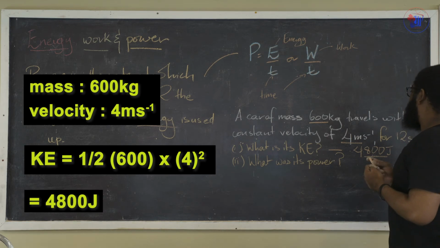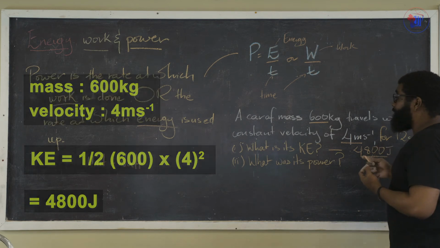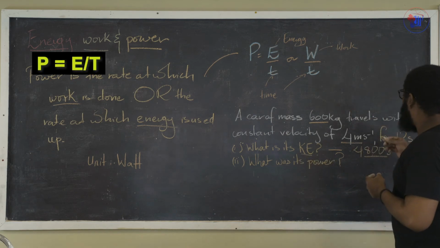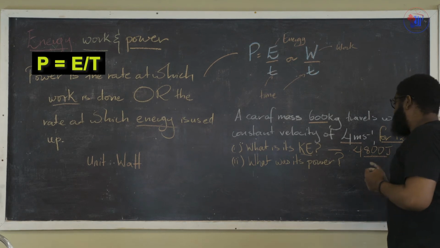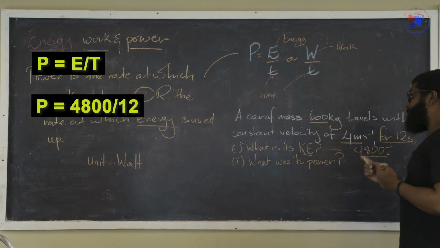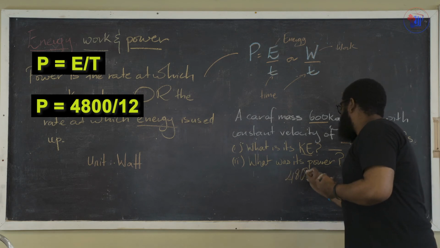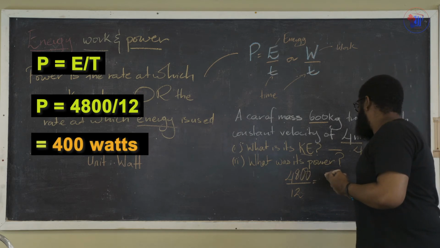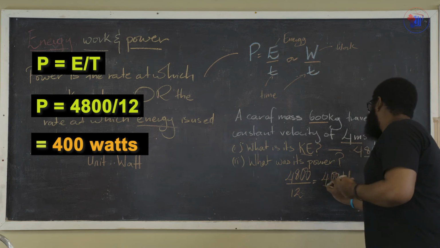Now, what was its power? Power would be energy, in this case of the kinetic kind, divided by time. That means we divide 4,800 by 12. 4,800 divided by 12 gives us, let me see, 12 into 48, 400 watts.